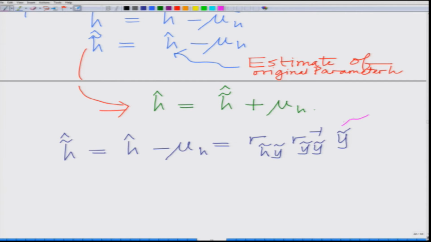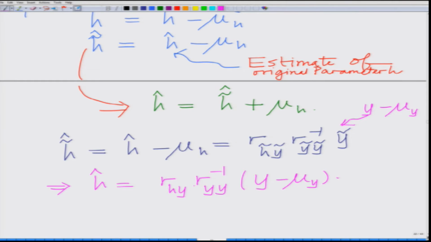But remember Y tilde is equal to Y minus mu Y, which implies H hat equals R H Y, R Y Y inverse, because R Y tilde is R Y Y, and Y tilde is Y minus mu Y, plus mu H. From the left I bring it to the right, I have mu H, and that is the expression for your MMSE estimate.